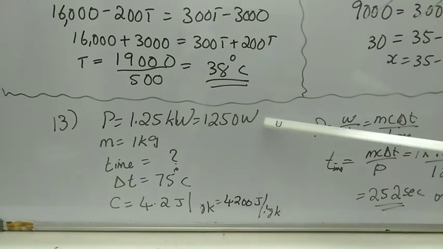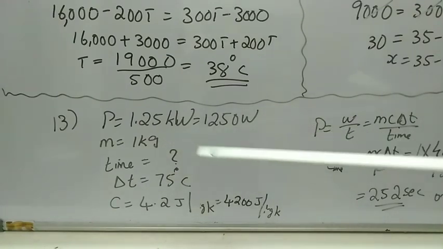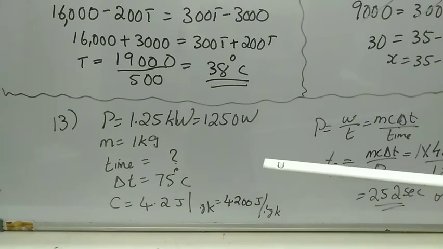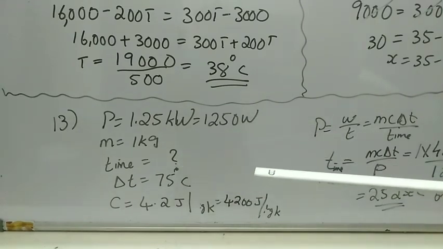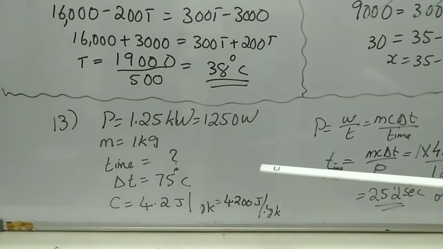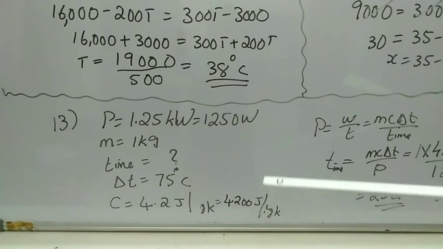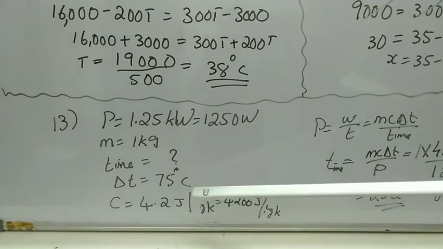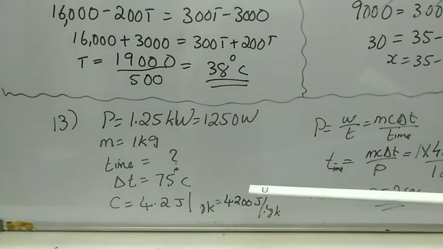Power is given 1250. Mass is given 1 kg. Calculate the time taken. Time is equal to question mark. Taken for the temperature of water to rise from 25 degrees Celsius to its boiling point 100 degree. So from 25 to 100. So change in temperature is 75.